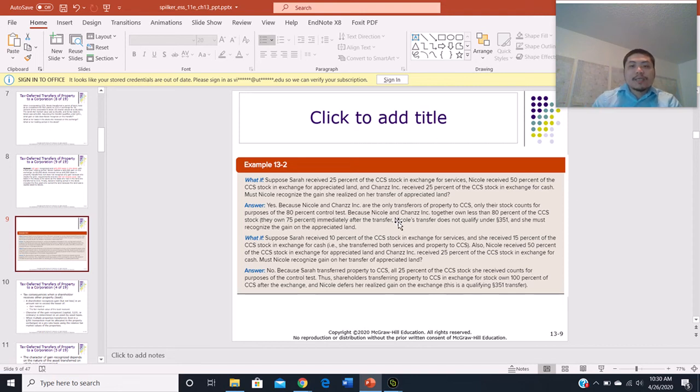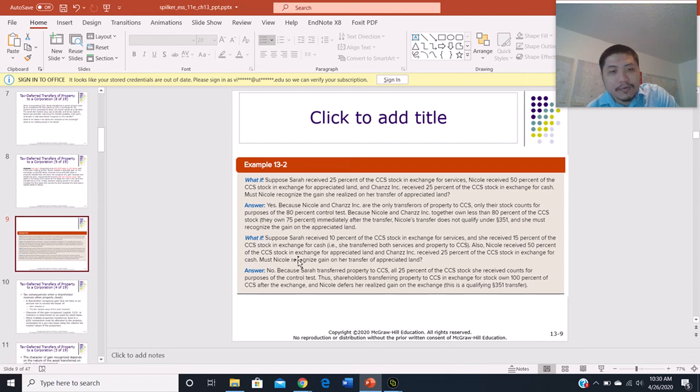And Nicole and Chance only altogether own 75% of the company. So for the third requirement, they fail there. That means this transfer cannot be treated as section 351. So that's why they have to recognize gain. So yes, they have to recognize the gain.